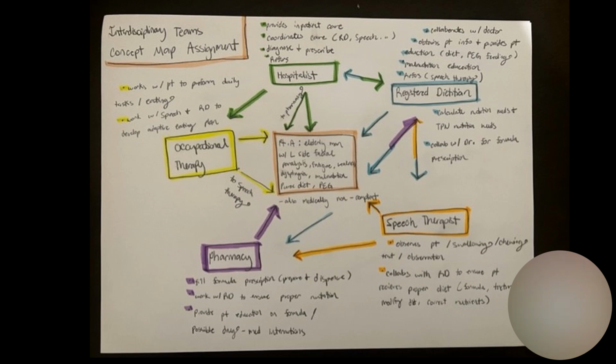And the speech therapist collabs with the dietitian to ensure the patient receives the proper care regarding diet, formulas, textures, diet modification, and that the patient is going to receive correct nutrients.